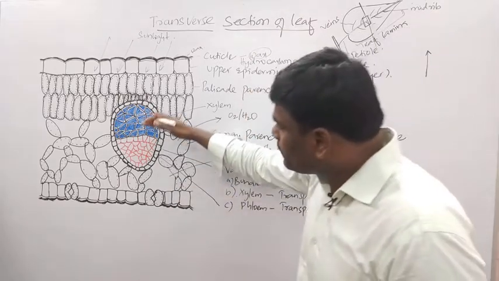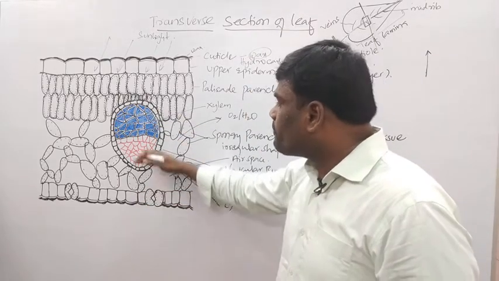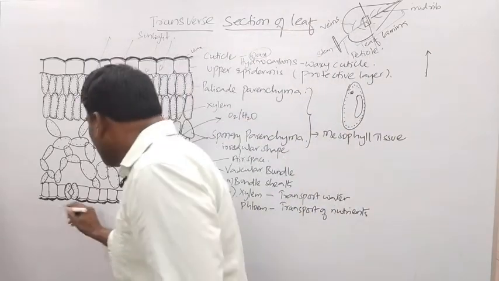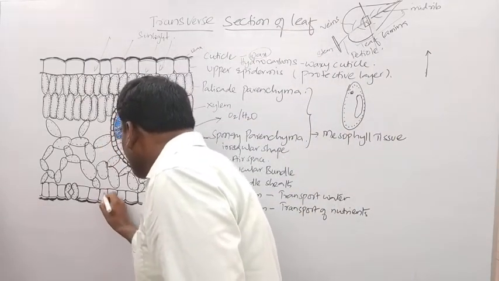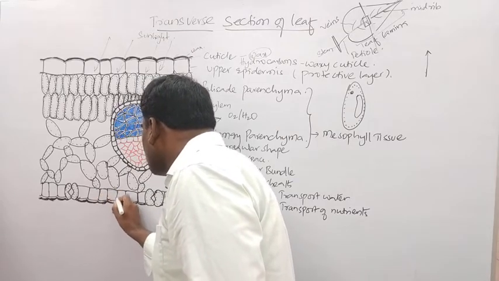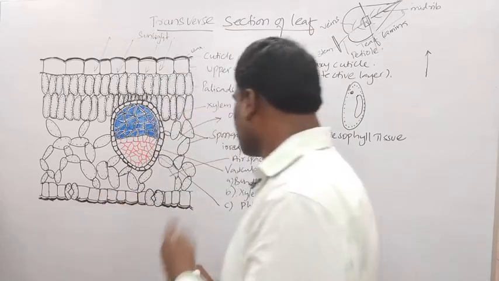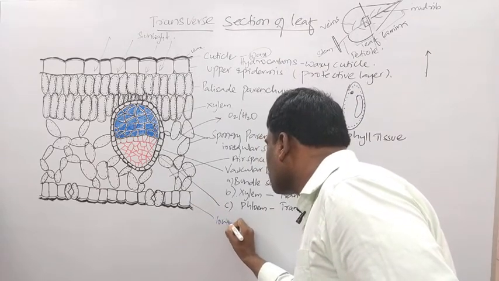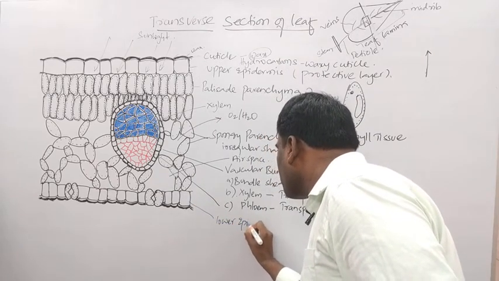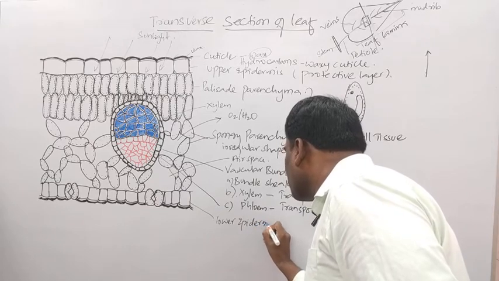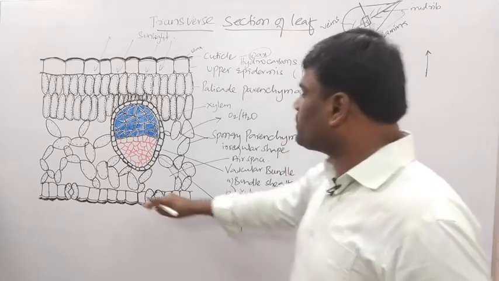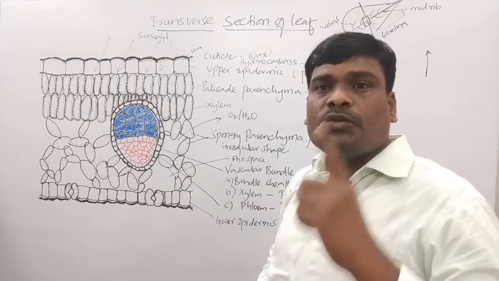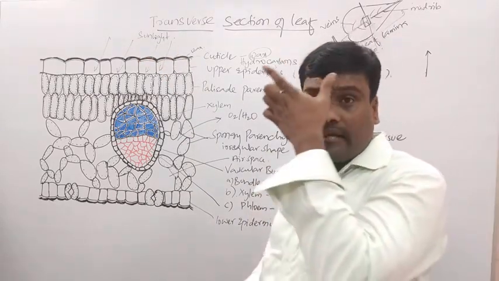Just beneath this, in the structure of this leaf, we see again rectangular cells which are very closely packed. We call this structure the lower epidermis. If you observe the lower epidermis as well as the upper epidermis, there is one difference.